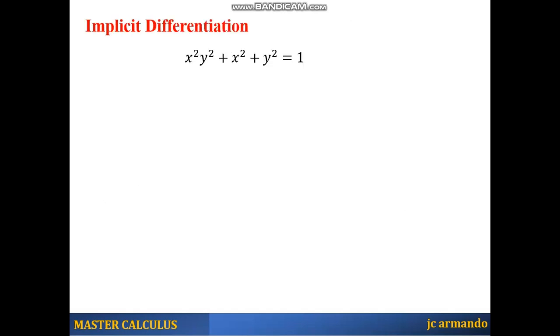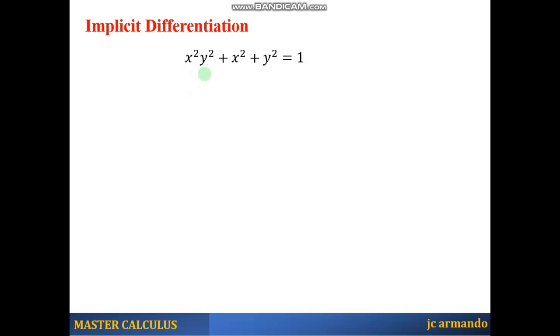Next, implicit differentiation. The only difference from ordinary differentiation is that every time we differentiate y, we have to multiply it by dy dx. So we have x squared y squared plus x squared plus y squared equals 1.